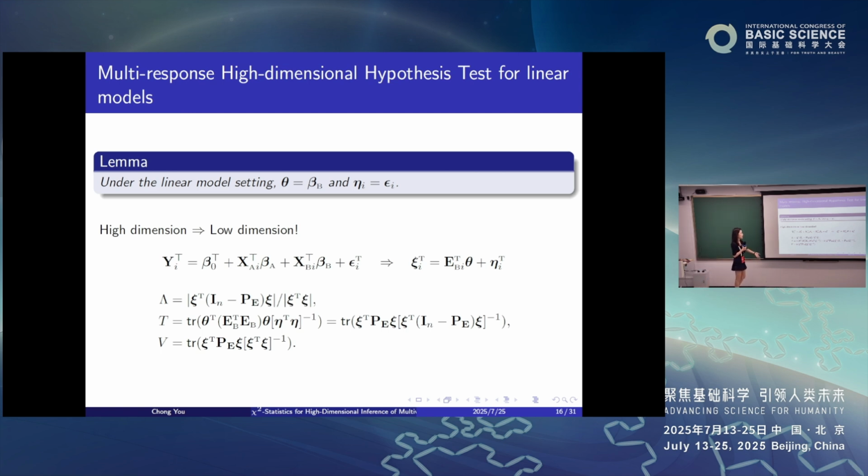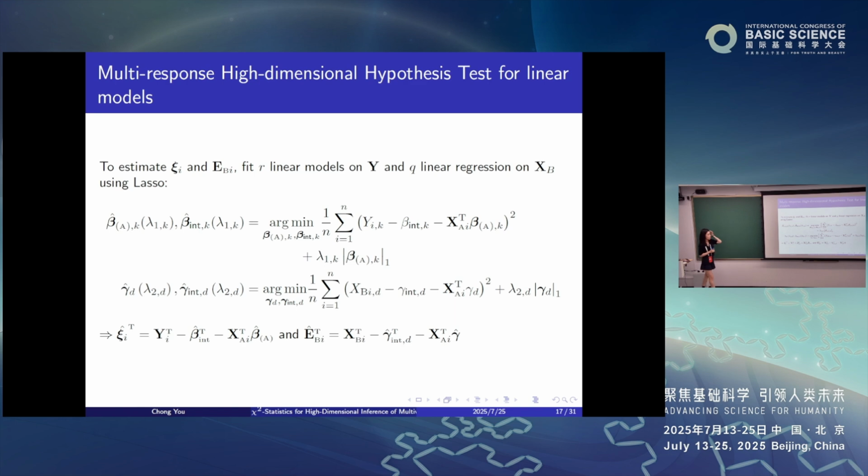But the problem is those are not observed. So psi here is the ground truth residual, and the P here is basically the projection matrix based on E B. This E B here is not observed, so we need to estimate it.